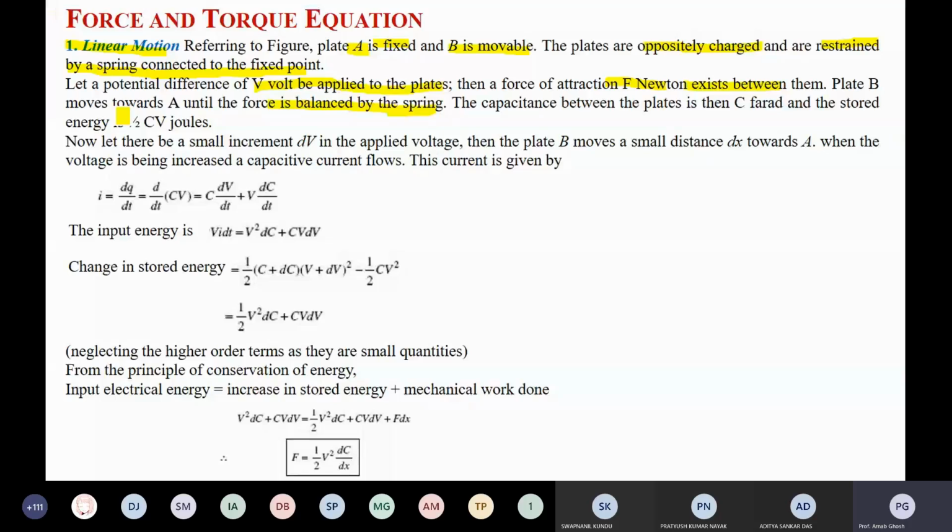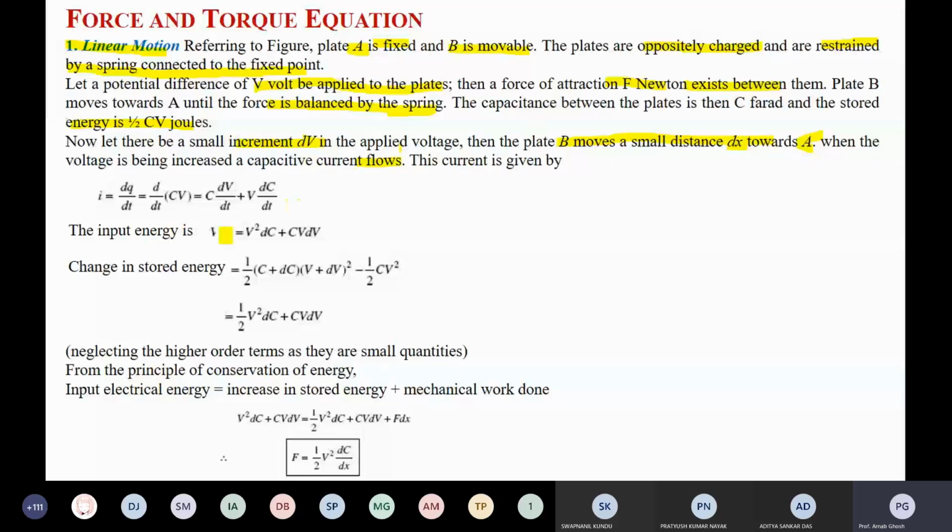All of you know about that one, where C farad is the capacitance. Let a small increment dV be applied to the voltage, and B moves a small distance dx towards A. When the voltage is being increased, capacitance current flows, and the current is given by i equals dq/dt, which equals d/dt of CV. So it is C dV/dt plus V dC/dt.